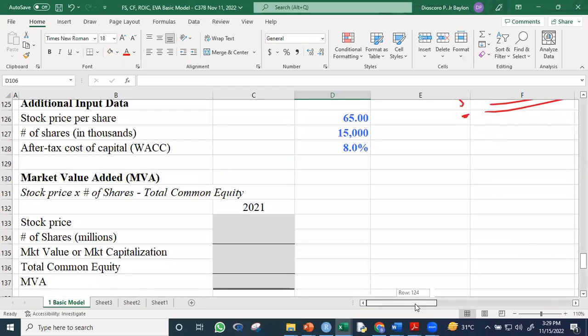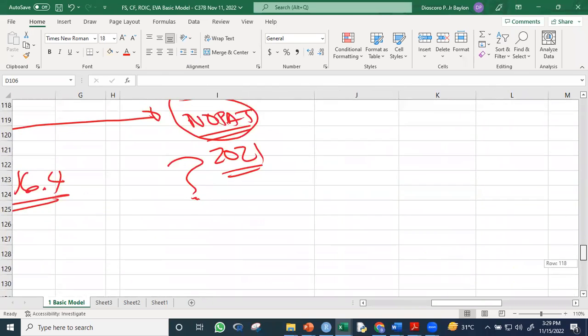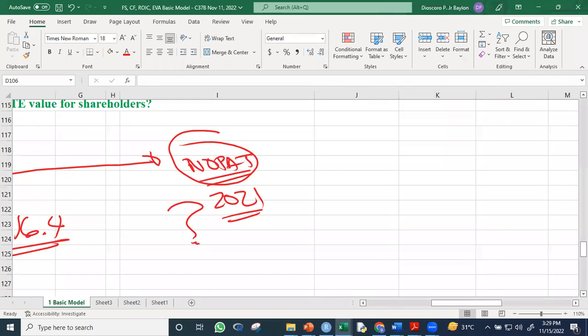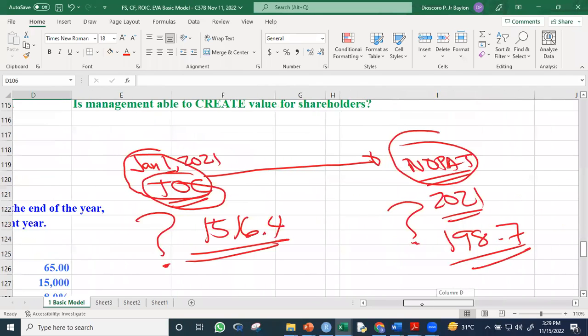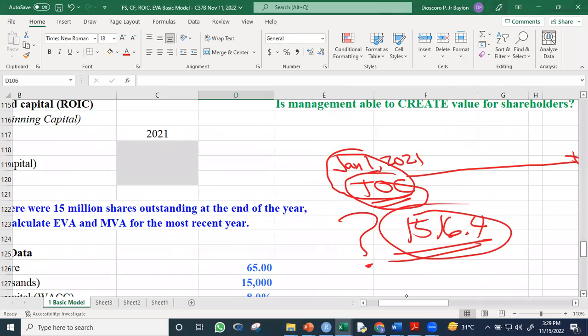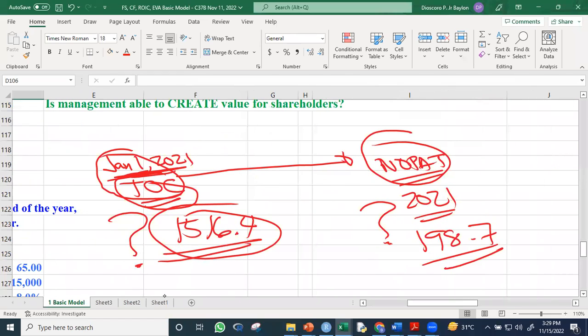So nakapag-generate sila ng 198.7 operating profit based on this value of operating capital at the beginning of the year. Now, some would get the average of the beginning and ending. For our purposes, let's just use the beginning capital.